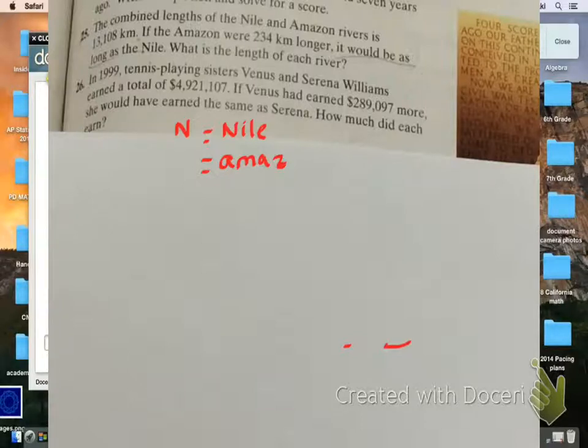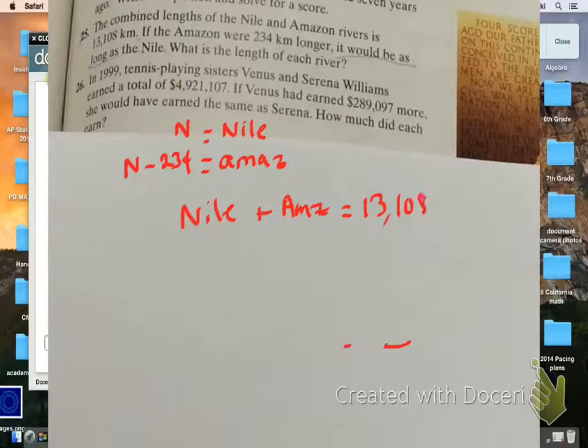So the Nile, less that 234, is what is equal to the Amazon. So really what this is saying in words is if I have the Nile plus the Amazon, altogether that would equal 13,108 kilometers.